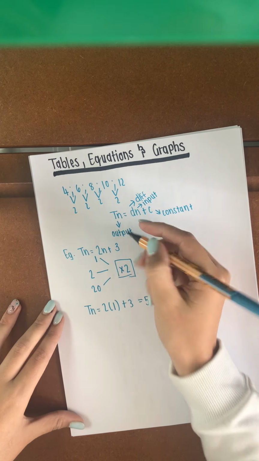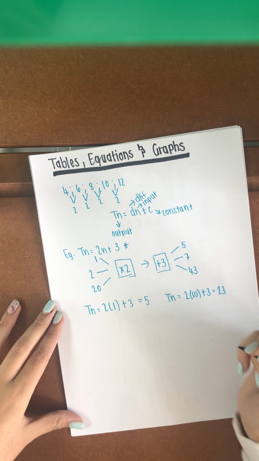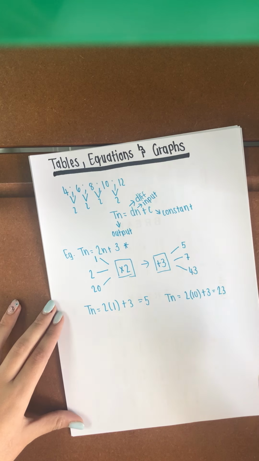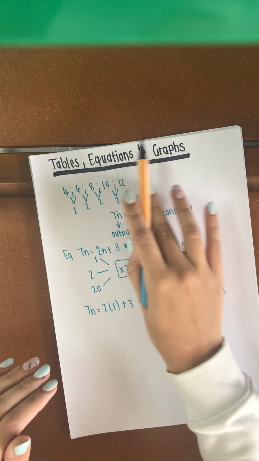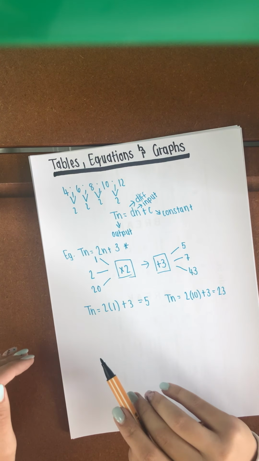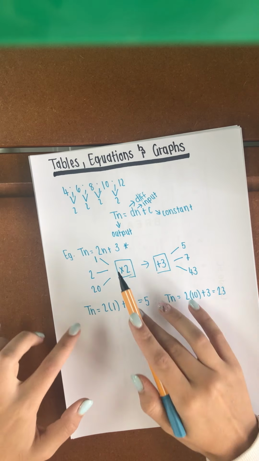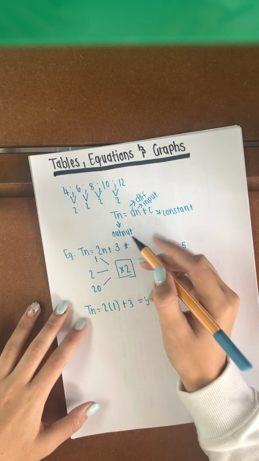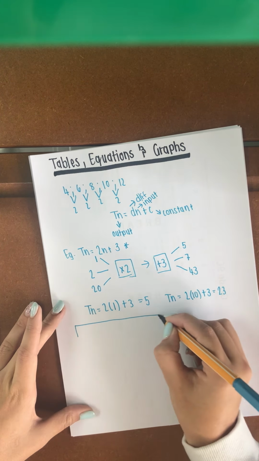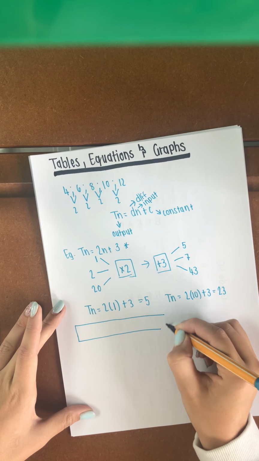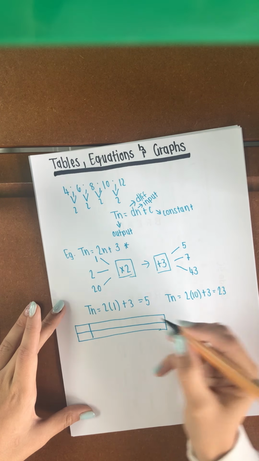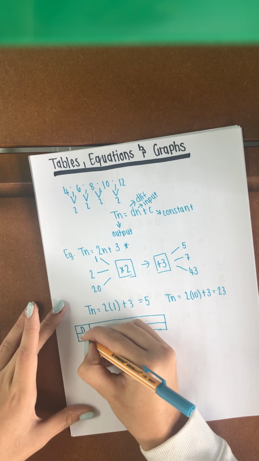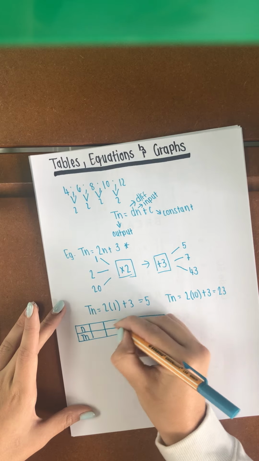Now if I take this equation and put it into a table, the whole point of this lesson is taking one of these aspects, either a table, equation, or graph, and putting it into the other two. So I've got my equation, I can put it into a table to also represent the relationship. I have my input values at the top and my output values at the bottom.